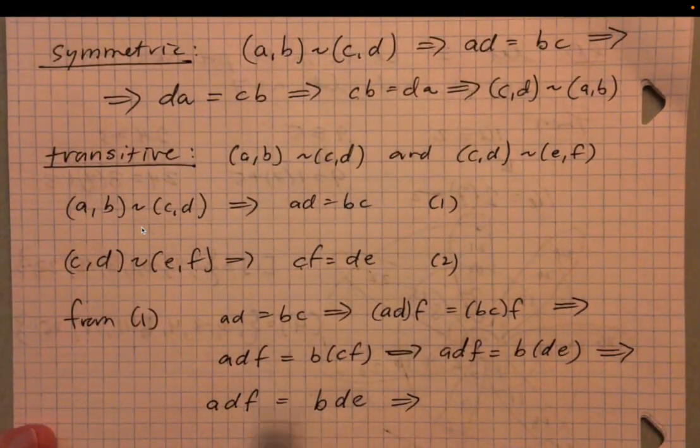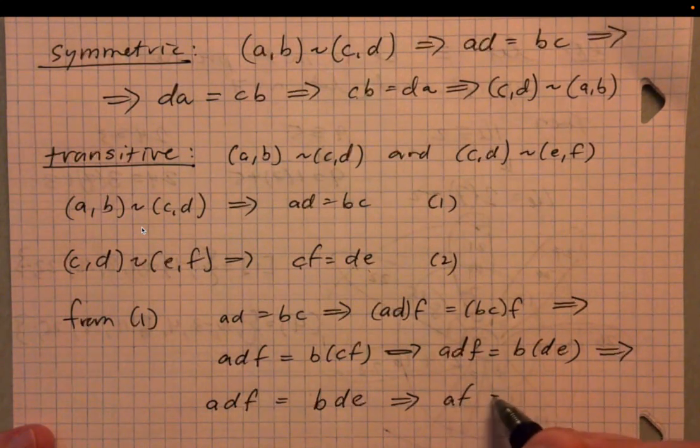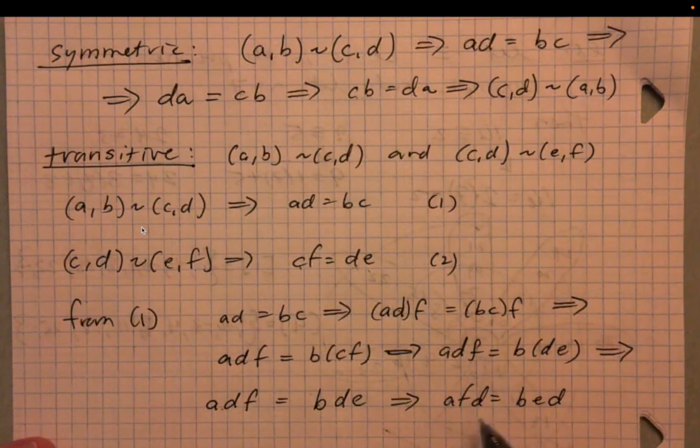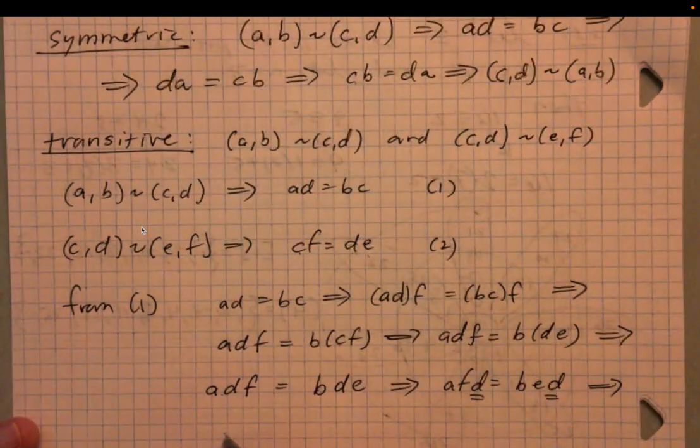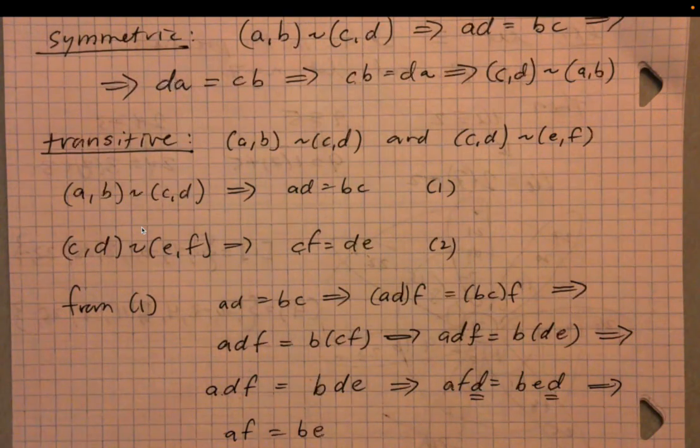And I'm going to rearrange this a little bit and write AFD, just change the order, put the D on the one side, to make it clear what I'm doing, and then BE times D. And I can cancel off the D's, and I have AF equals BE.